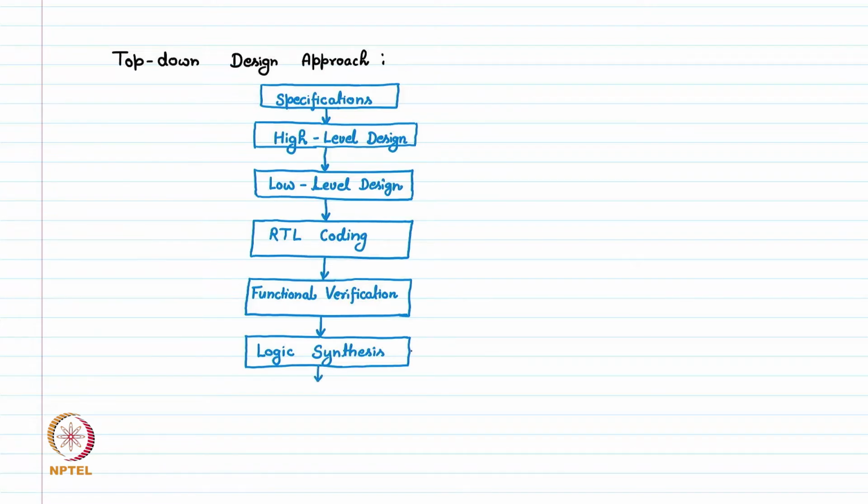If we encounter some difference, then we go again for the gate level simulations. This is an iterative process at this point where we do these gate level simulations.